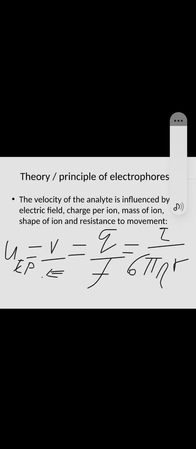So Q divided by 6 pi eta R. So Q, same charge of the ion, pi just the normal value of pi, eta represents the viscosity, while R is what we are calling the Stokes radius.